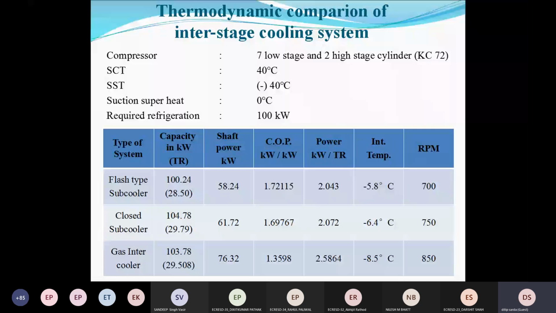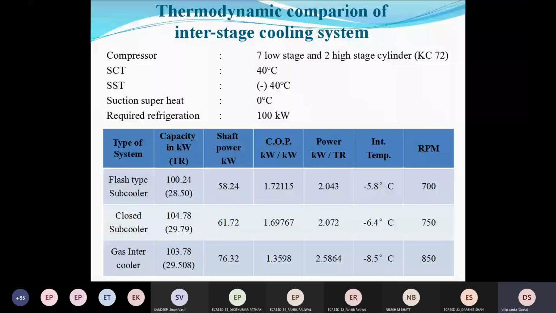It consumes 61.72 power, and COP for that is 1.69767, and power requirement 2.072. There is a marginal increase in the power requirement, from 2.043 to 2.072 kilowatt per TR, and the intermediate temperature is 6.4 degrees centigrade, and we require to operate the compressor at 750 RPM.